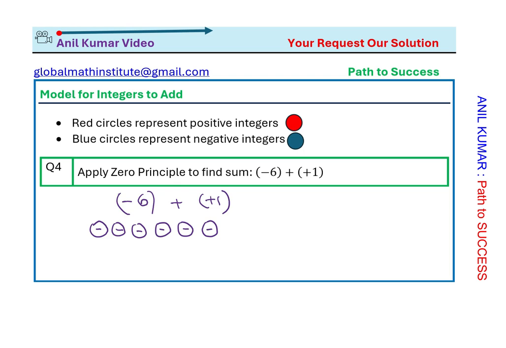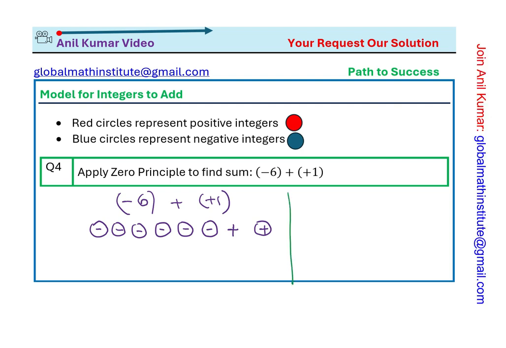To these, we have to add 1, so we have plus 1 here. We are adding them, meaning counting them all together, so we can combine them. Let's combine and write them on the right hand side. Once again, we have these 6 negatives, 1, 2, 3, 4, 5, 6, and we have 1 positive.